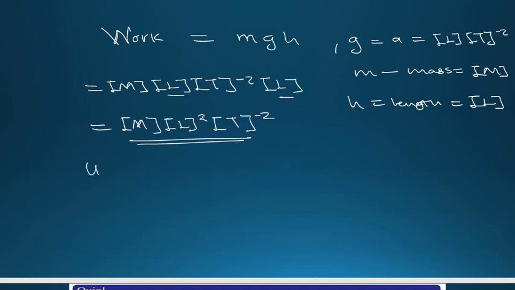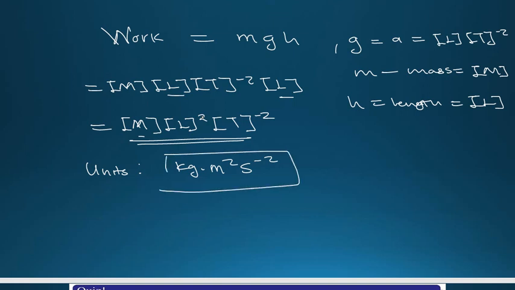Now what about the units of work? Since M is for kg, L is for meters squared, and T is for seconds to the power negative 2. And this, guys, is equivalent to 1 joule.